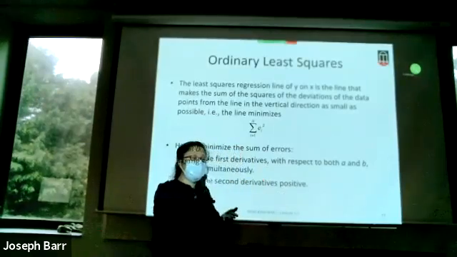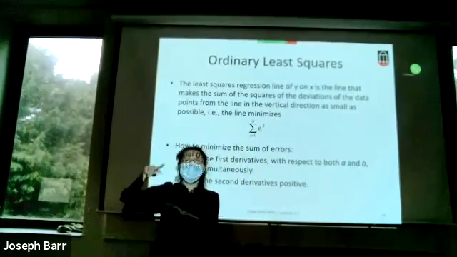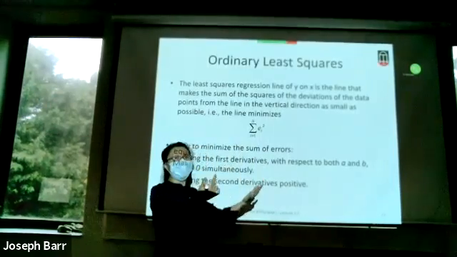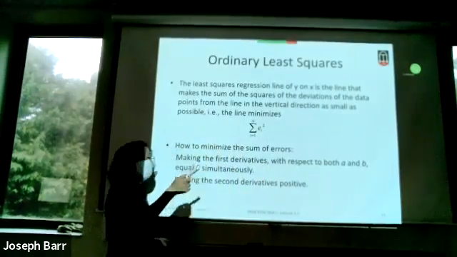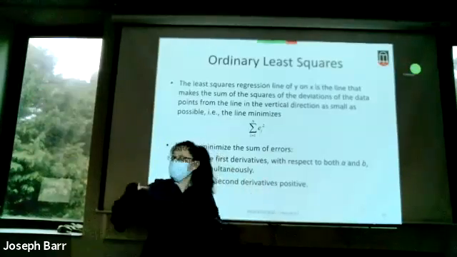Take the first derivative with respect to B and make it 0, second equation. Solve these two equations together and you have the solution of A and B. You also need to make sure the second derivative is positive so that you have a minimum.